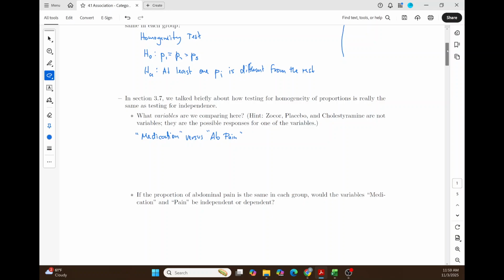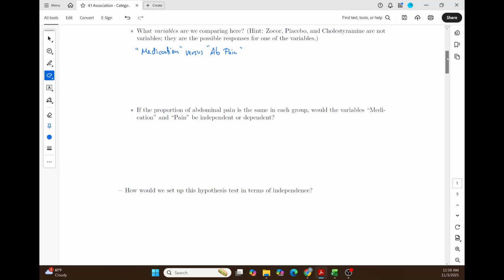The probability that you're going to experience abdominal pain is going to be the same. And so we would say that medication and abdominal pain would be independent variables, because the likelihood of you experiencing abdominal pain does not change with the medication. So if the proportion of abdominal pain is the same in each group, then medication and pain are independent variables.